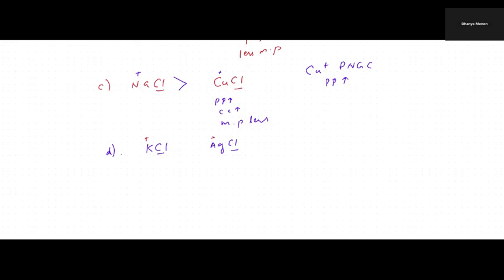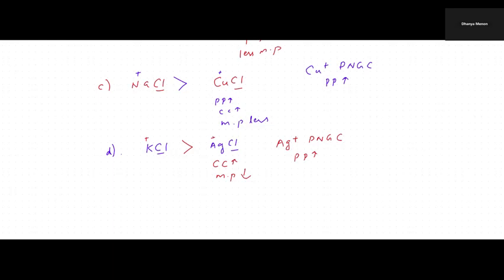Now for silver ion, we learned silver ion has pseudo noble gas configuration. Polarizing power is more. So the covalent character is more. What about the melting point? Is lesser. So comparatively, who has a higher melting point? Potassium chloride. So I hope this is clear.